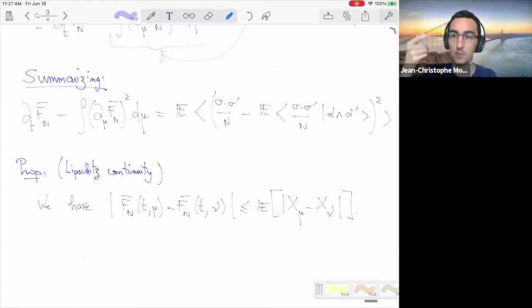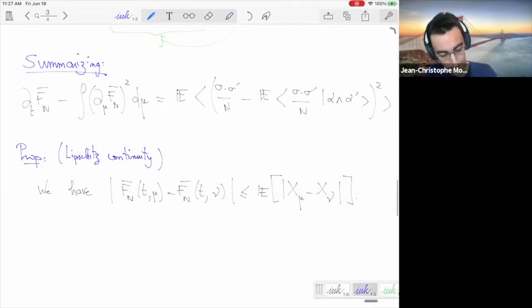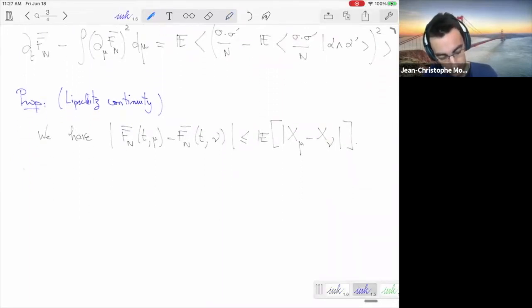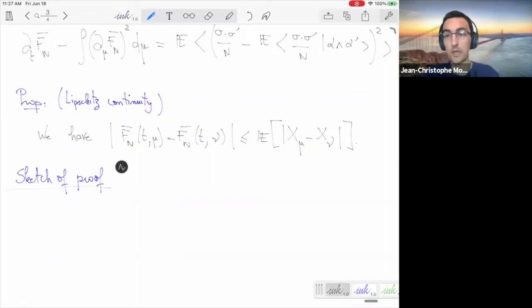In any case, it's some natural notion of distance in the space of probability measures. Okay, so maybe I'll give a sketch of proof of this, which perhaps is useful so that we get more familiar with this measure way of thinking about this variable.